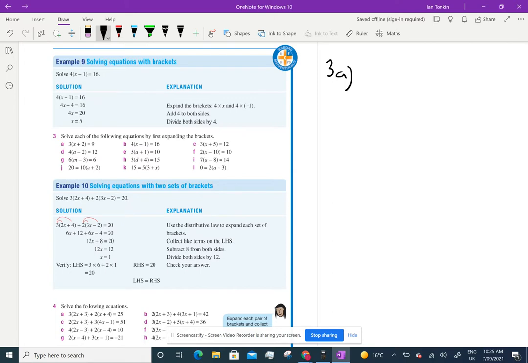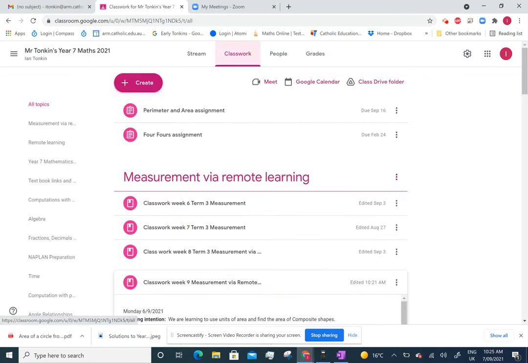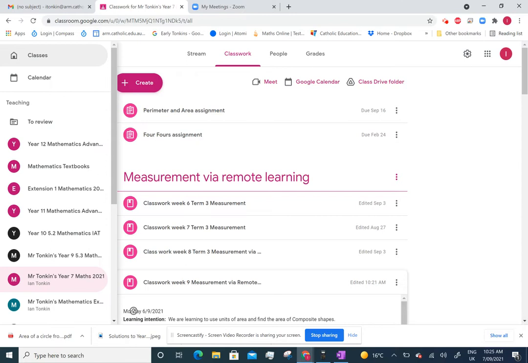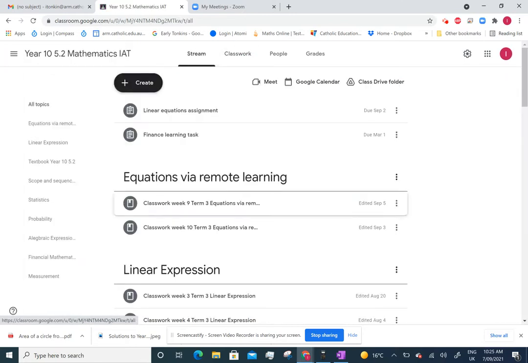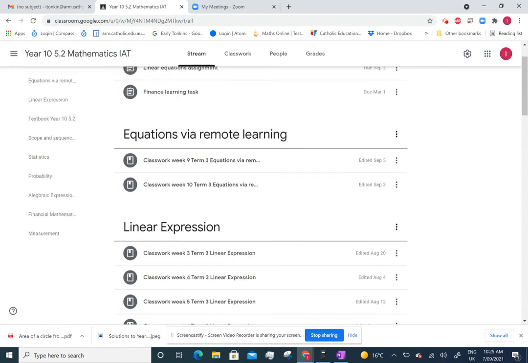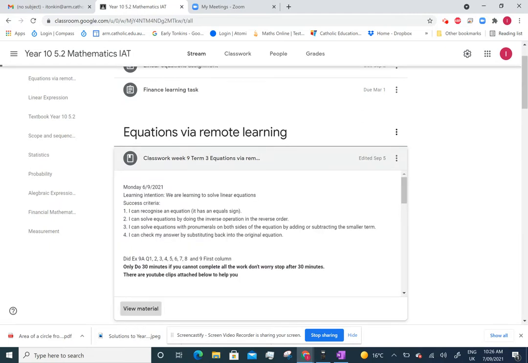You need to just keep referring to the success criteria. So I'll just go back to our Google Classroom, and there it is.